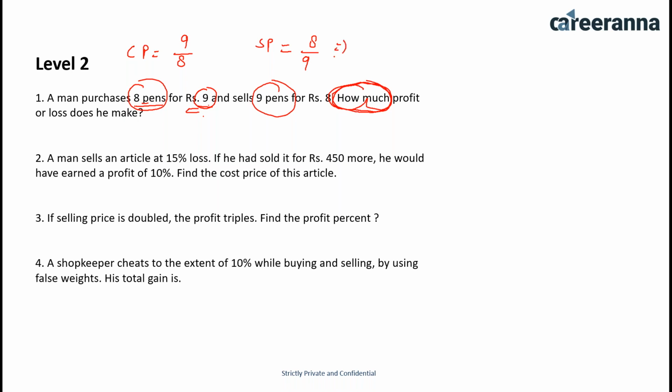Now let us see. 8 by 9, that means selling price, minus cost price, which is 9 by 8, divided by cost price, which is 9 by 8, multiplied by 100. So 8 multiplied by 8 is 64, and 81, which is 17, divided by 81 multiplied by 100.